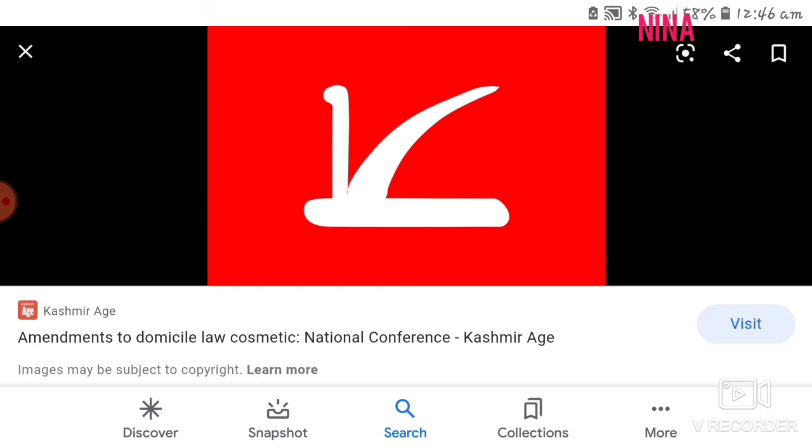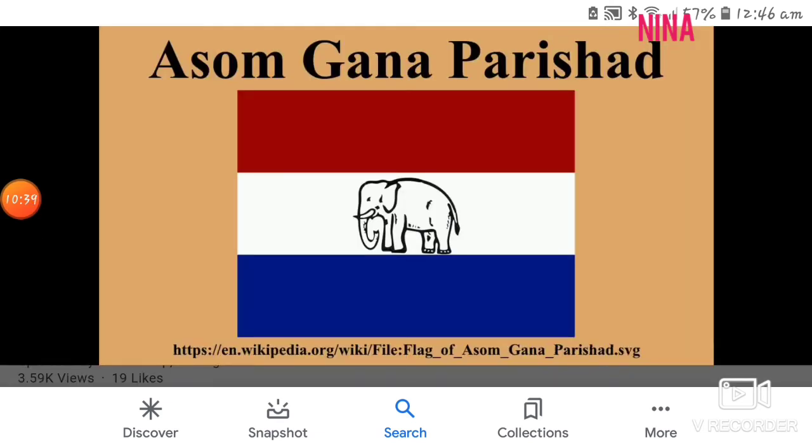So this is the National Conference symbol. The next one is the Assam Gana Parishad, founded in 1985, and the screen is showing you the symbol, the flag of that party, and there are different objectives of this party. This is the regional party of Assam.